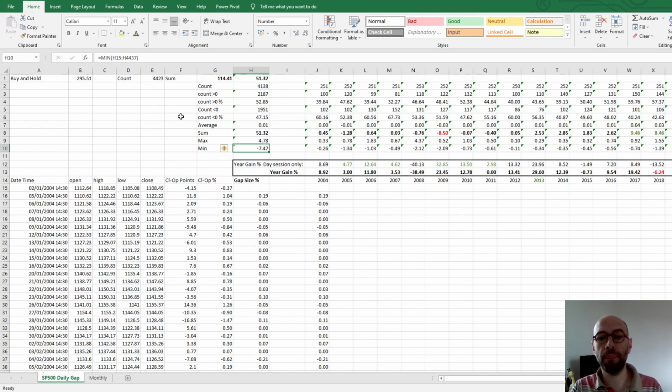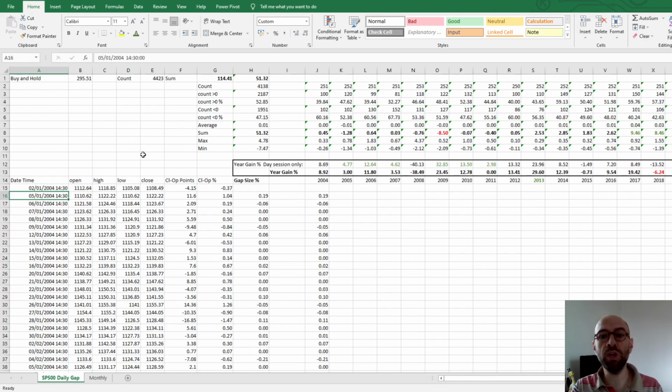So this is the very basics if you wanted to calculate the gaps very quickly using Excel: the difference between the previous day close and the current session open. In this case, obviously, it's a daily session for the Standard & Poor's 500.